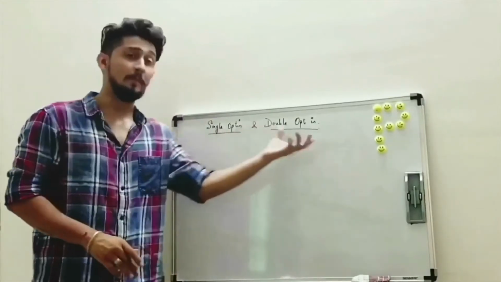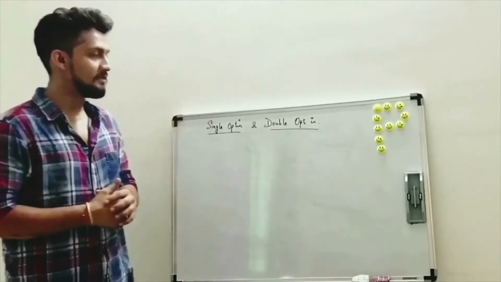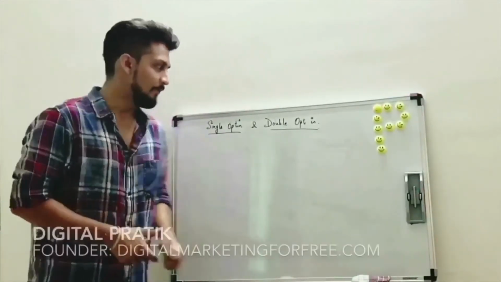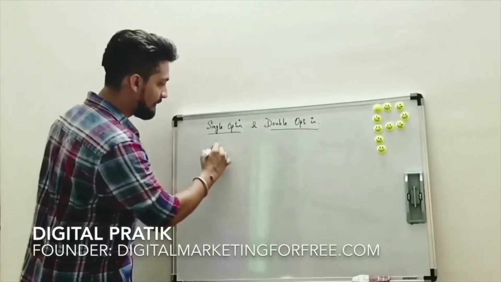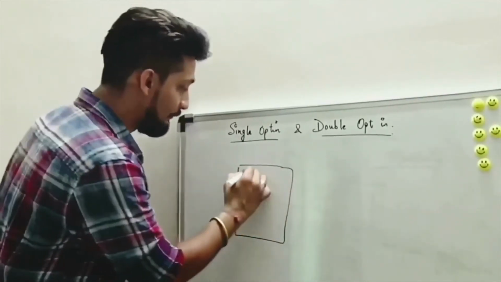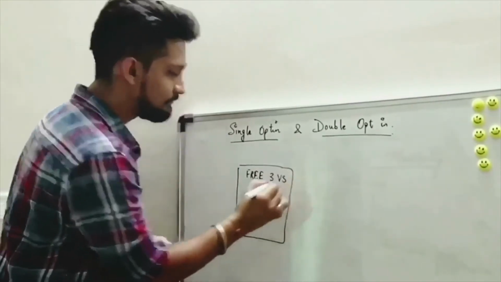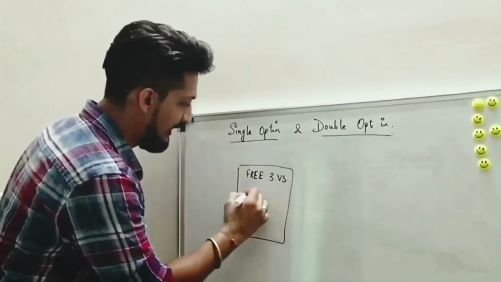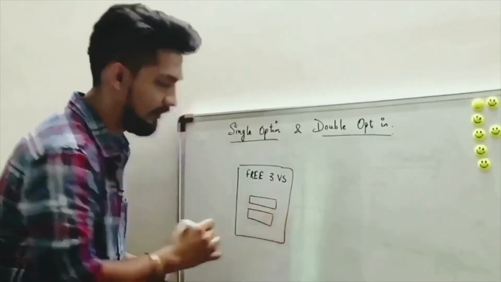Let's understand single opt-in and double opt-in. In this video, I'm going to teach you what is the difference between a single opt-in and a double opt-in, and what actually is an opt-in. Let me first dive into opt-in. Let's suppose you are surfing on the internet and you go to a website, and on that website, let's say it's offering a free video, a free 3-part video series. Let's assume they are providing a 3-part video series for free, and they are asking you to enter your name and your email over here.